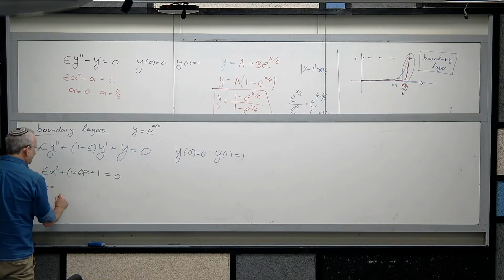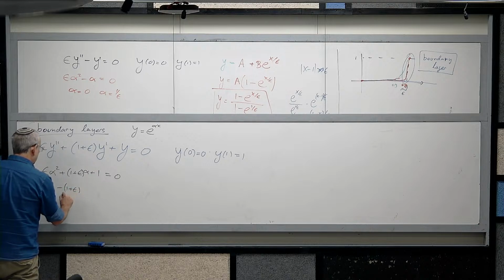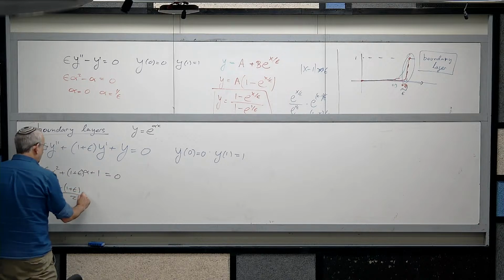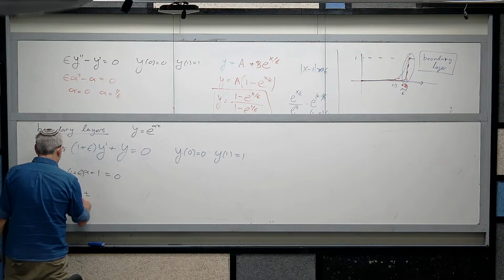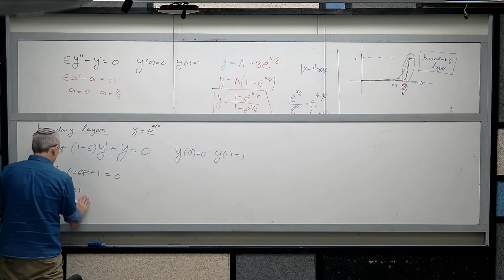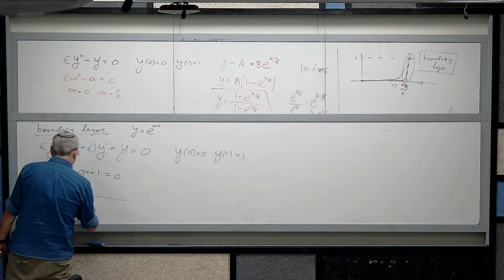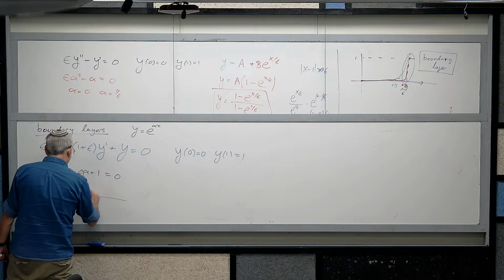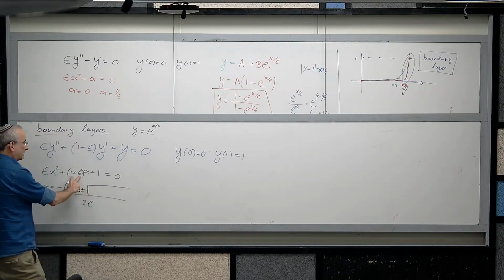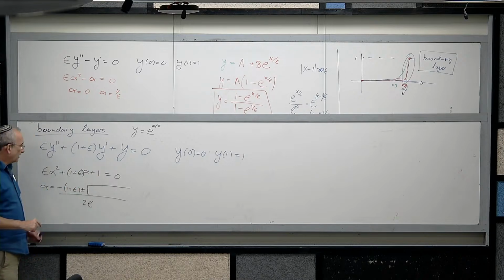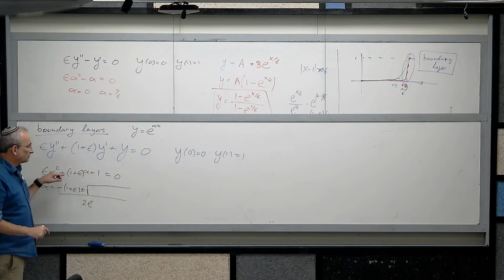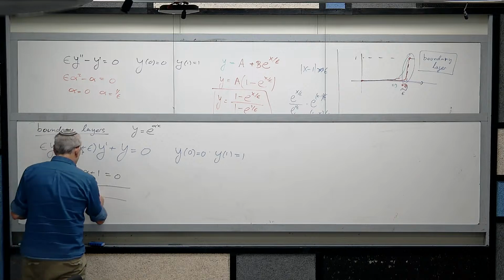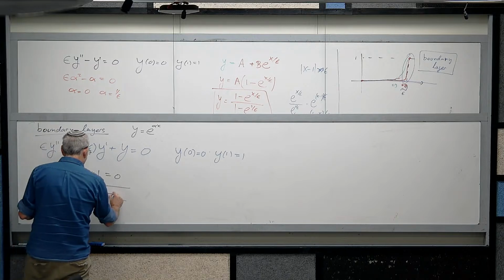So what will be alpha? Alpha will be minus (1 plus epsilon) over 2 epsilon, plus or minus the square root of (1 plus epsilon) squared minus 4 epsilon, all over 2 epsilon.